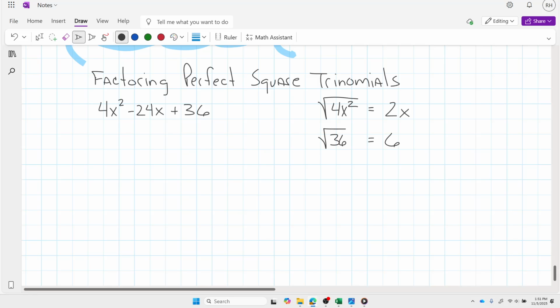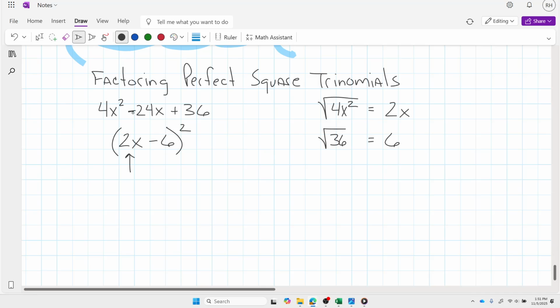Now, since the middle term is negative and the last term is positive, when you factor this, it's 2x minus 6, squared. The square root of the first term goes right here.